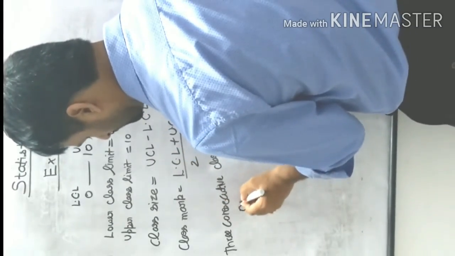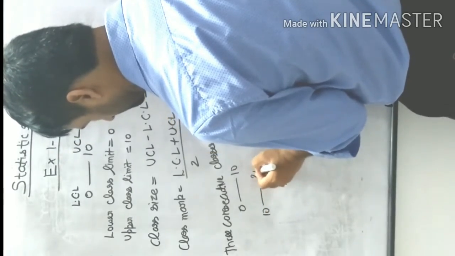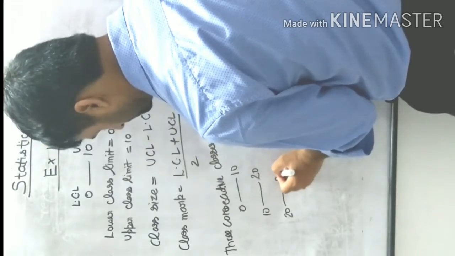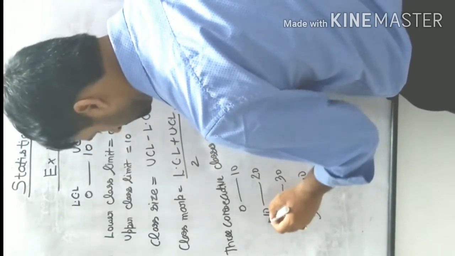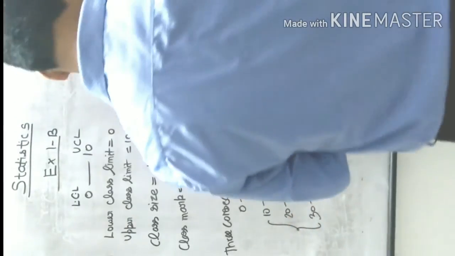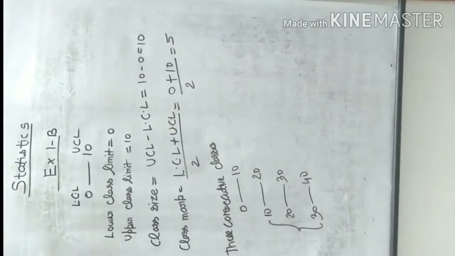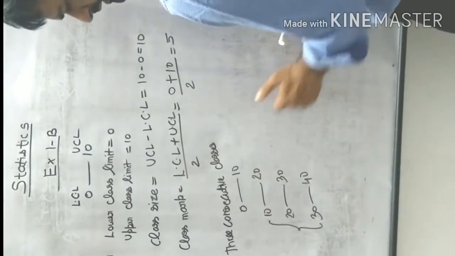After 0 to 10, what will be there? 10 to 20, 20 to 30, and 30 to 40. So these are the 3 consecutive classes after the given class. That is the answer.